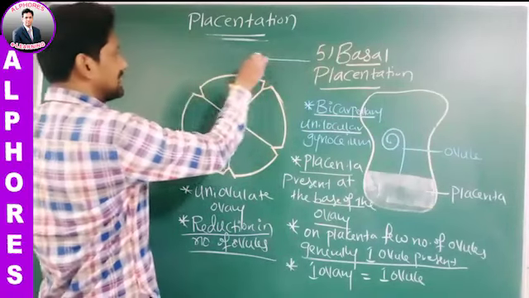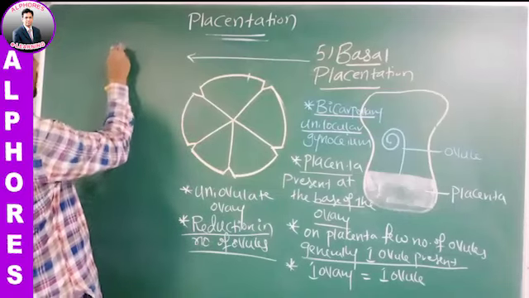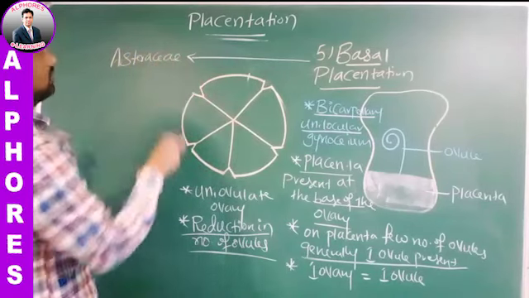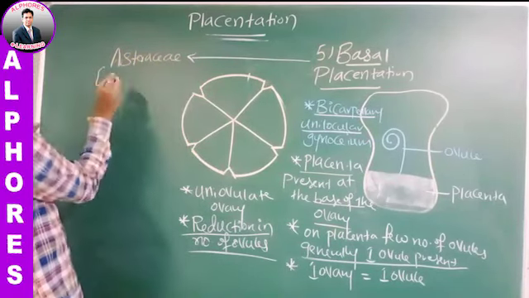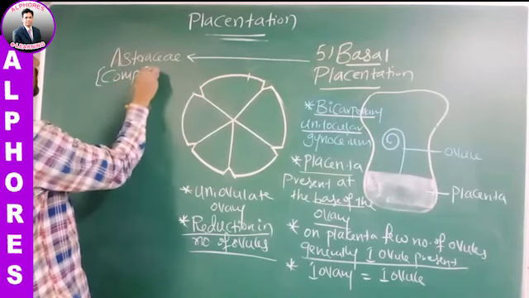Now go for an example of basal placentation. The example is the Asteraceae family. What is the previous name of the Asteraceae family? Compositae family.